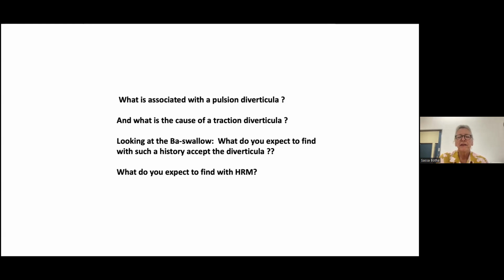Okay, now remember the history of this lady. If you looked at the barium swallow, what do you expect to find with such a history, except for the diverticulum? Let me refresh you on her history. There were a couple of red flags. She was an elderly lady. It was progressive symptoms, and she did have weight loss.